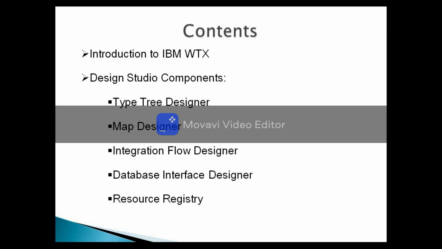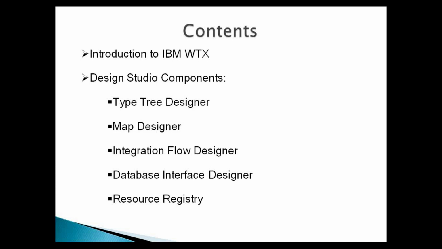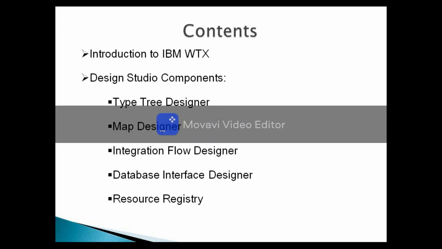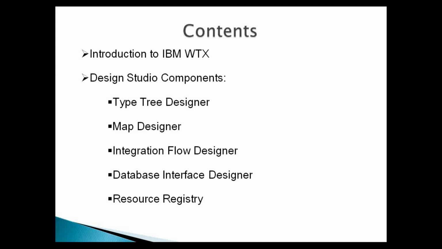Using this database interface designer, we will create the MDQ file. It's nothing but the Mercator database query file. This MDQ file will be used by the map, because the map is the main component in WTX where we do the transformation of messages from one format to another format. By doing the mapping rules, we have to use this MDQ file.